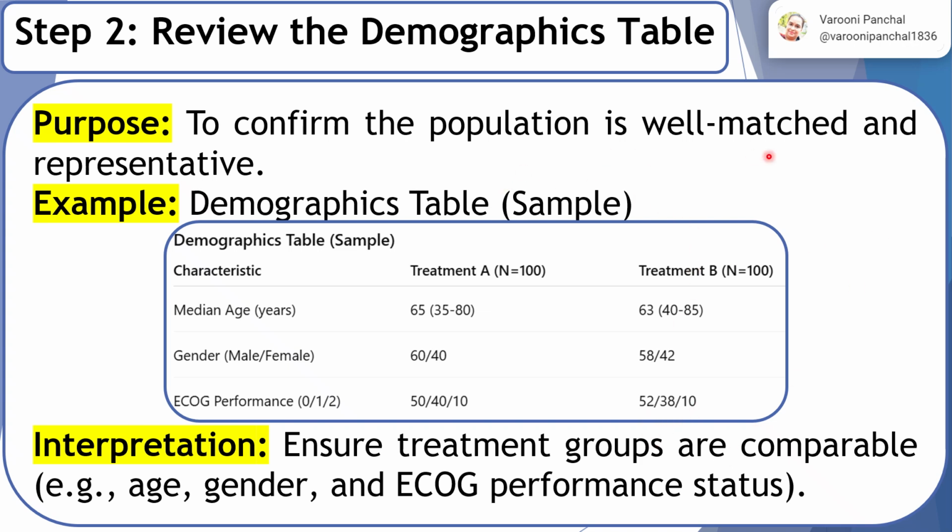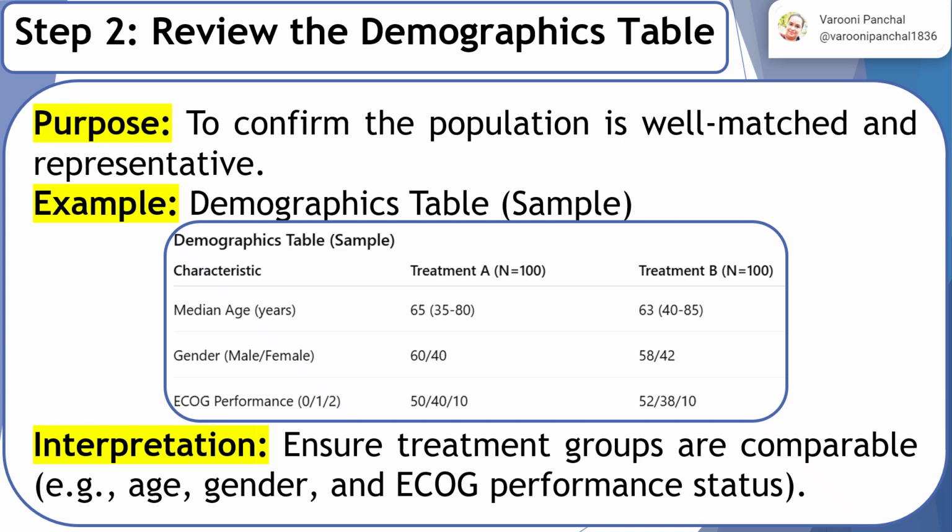So the population is well matched and representative. You need to ensure that the demographics table is in a specific format so that you can interpret the data, easily give the conclusion, and easily compare. That's how the objective should be for any specific table.